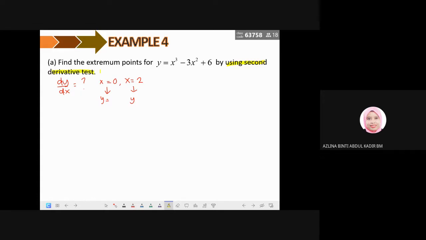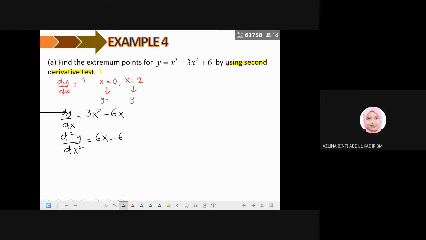Jadi dy dx is equals to 3x squared minus 6x, and then differentiate again to get second derivative. So we have 6x minus 6.